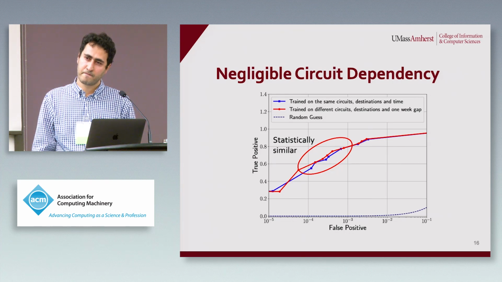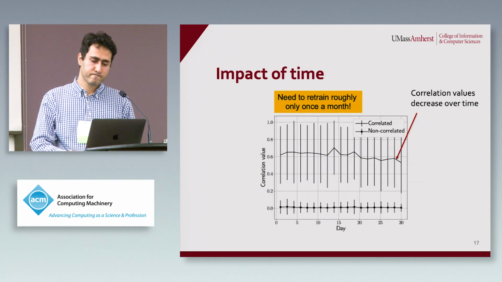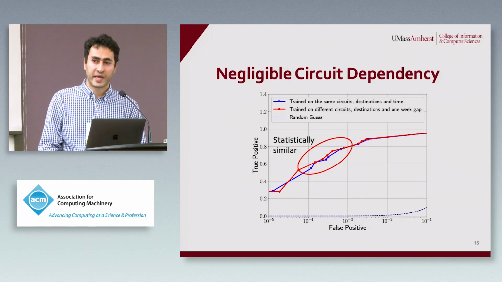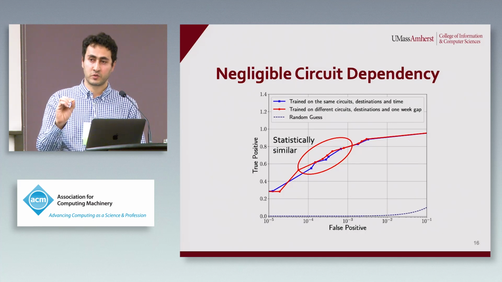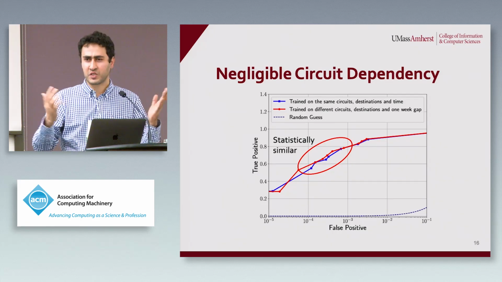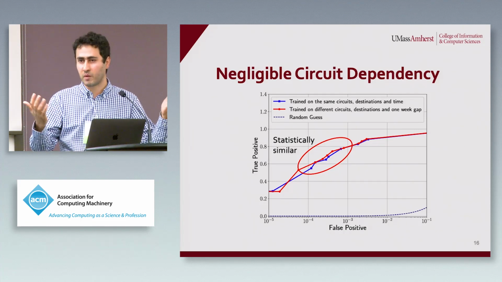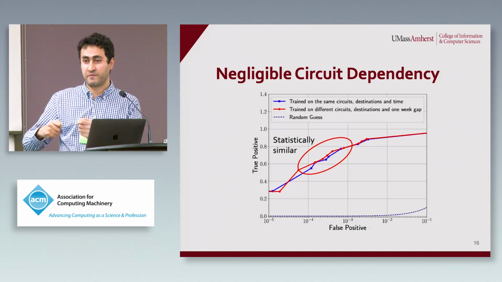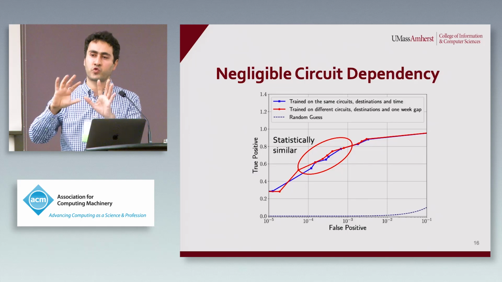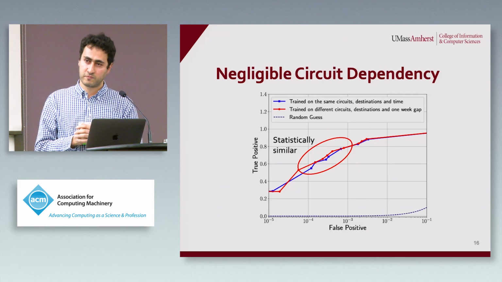Is this a version of what you have on the following slide, which says that 1 week later things aren't so different? No, so we want to show that the model that we have trained is not overfitting to the exact circuits that we use during the training. So we want to show that the adversary doesn't have to collect traffic over all the circuits for training, right? Even a good number of circuits, you train on these, and if during a test you get a flow that is over a different circuit, still it works. You don't need to have trained over the same circuit that you see for the flow that you're testing on.